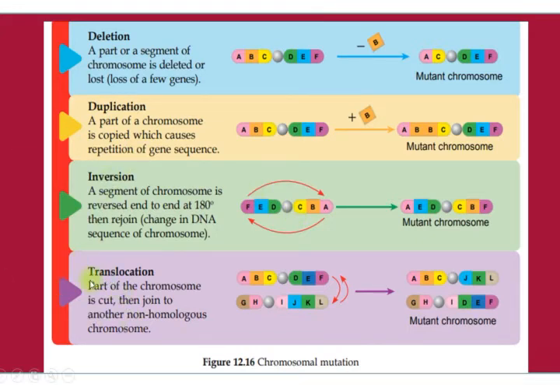And then we go to the translocation. In translocation, part of the chromosome is cut, then joined to another non-homologous chromosome. So what we can see here is the A, B, C, D, E, F segments. What happened? This segment is cut and joined to another non-homologous chromosome.